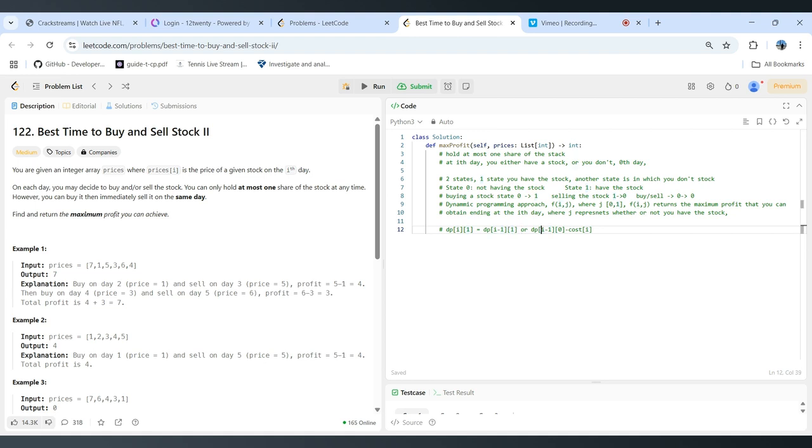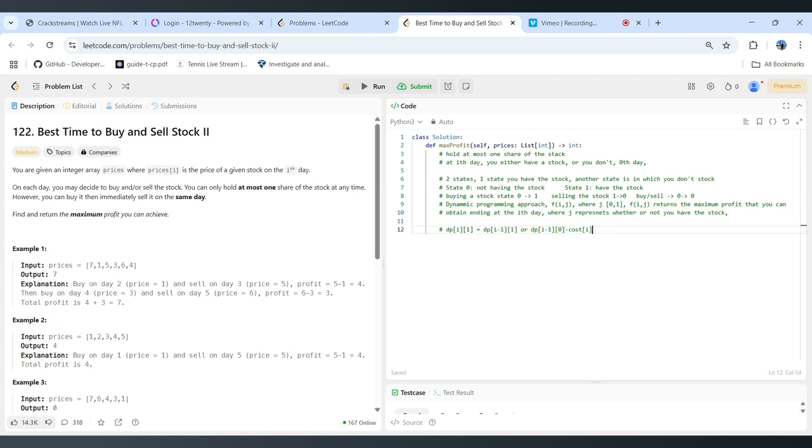Same thing with dp[i-1][0] and cost[i]. Since cost[i] is constant, we want to maximize this value, and it stands to reason that dp[i-1][0] must always be the maximum profit available on the i minus 1 day while not having the stock, and there can be no other way.